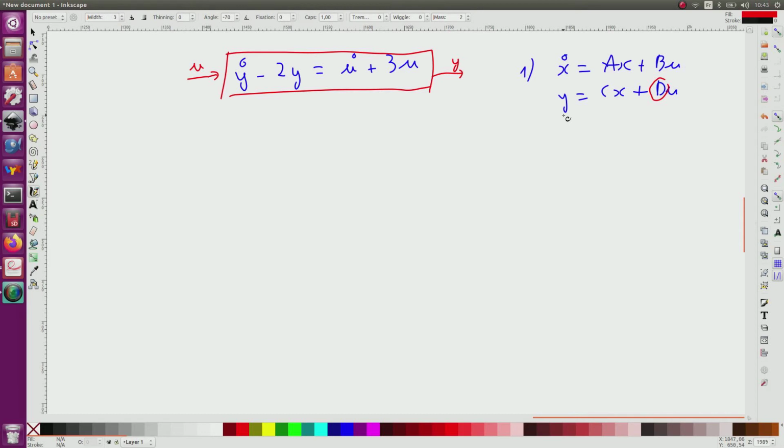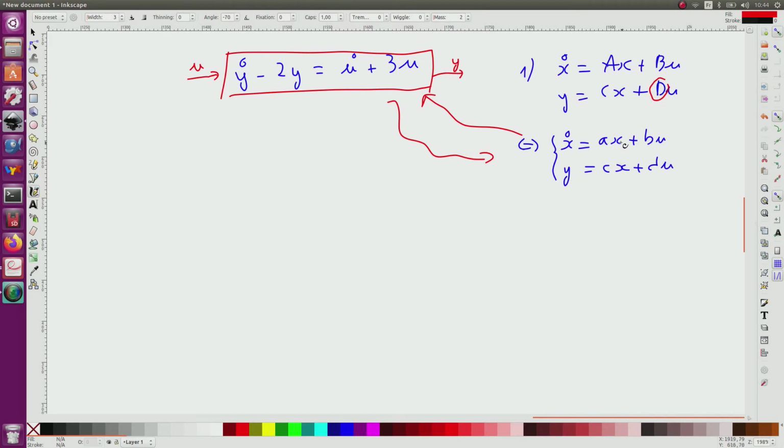Since everything is scalar, x is scalar, x dot equal ax plus bu, so a and b are scalar, and y equals cx plus du. One possibility to do this is the identification method, because it is very easy to go from here to here, but in the other direction it is more difficult. This is why we'll proceed with the identification method.